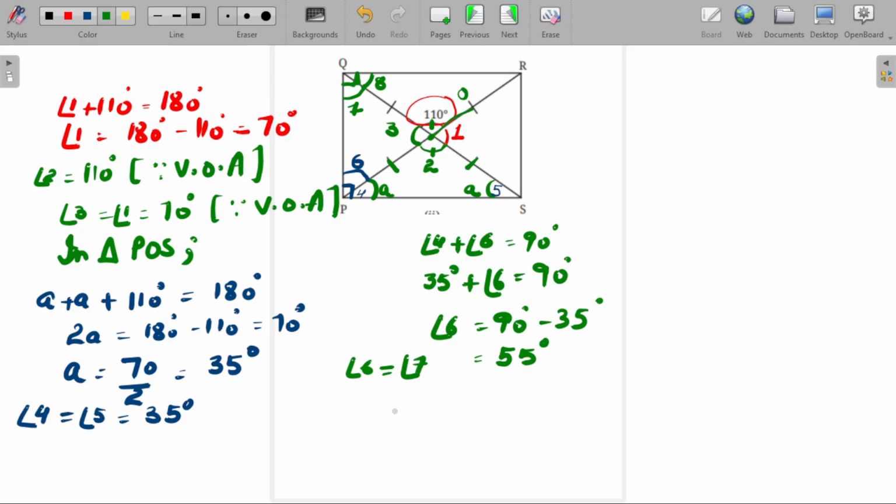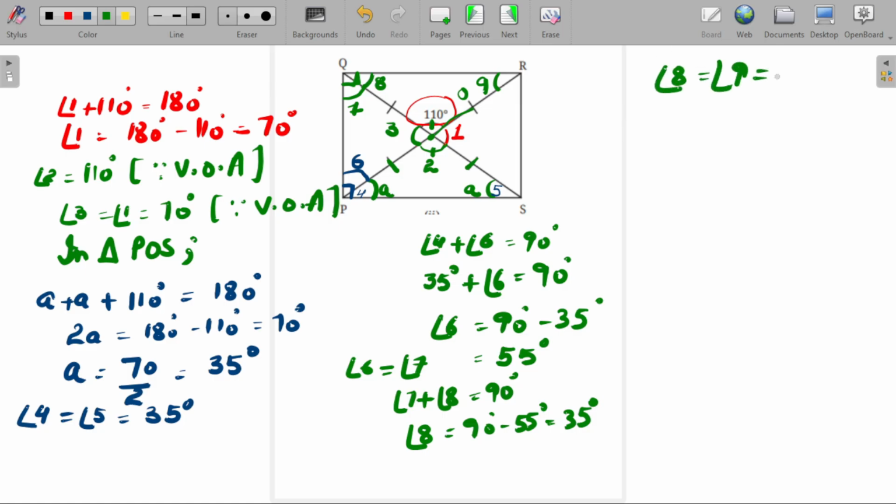So angle 7 plus angle 8 is 90 degrees. So angle number 8 will be 90 degrees minus 55 degrees, which is 35. Again, this is angle number 9. If 8 is 35, then angle 8 equals angle 9 because of the equal sides. This is also 35 degrees.